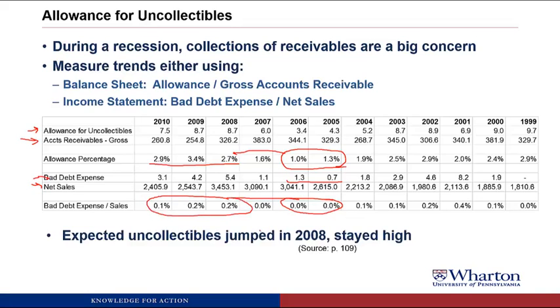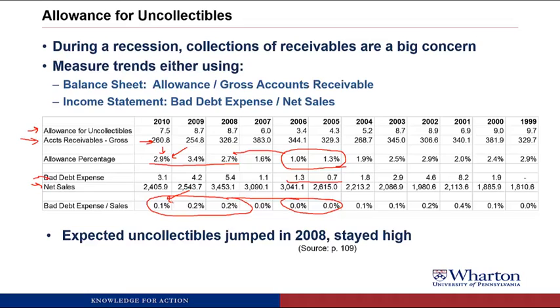So we see that the expected uncollectibles jumped in 2008 and have stayed high, but there's a little bit of good news. This is supposed to be forward-looking, right? How many of these receivables do you expect not to collect into the future? And the fact that Vulcan has lowered the estimate means that they're anticipating their collections are going to improve in the future, and so they've gone ahead and reduced the allowance.